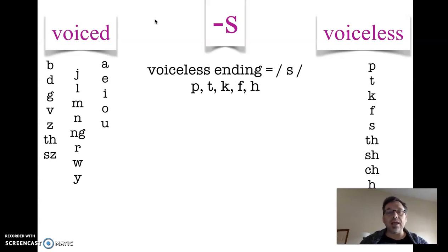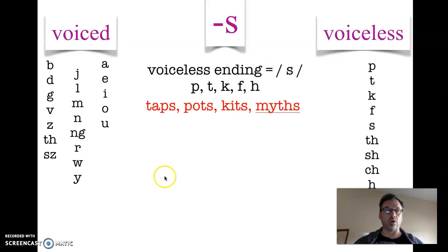So for the S suffix, a voiceless ending, that is any ending of a word that's over here, the S suffix sounds like S. So if the word ends with t, k, f, or p, the S suffix sounds like S. Now notice I left out some of them, and we'll look at that for our third rule.